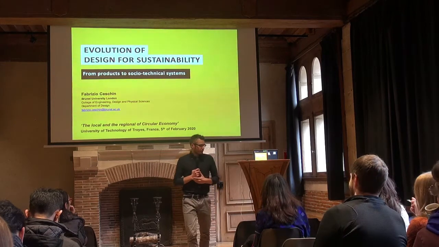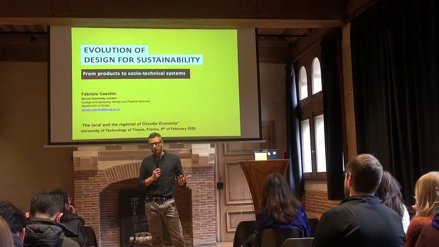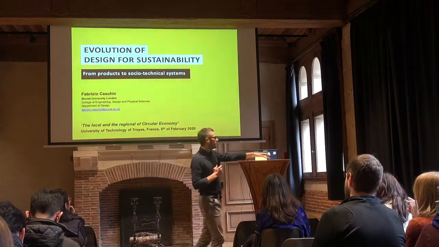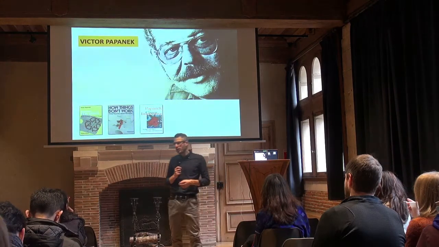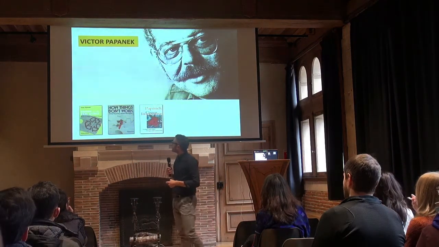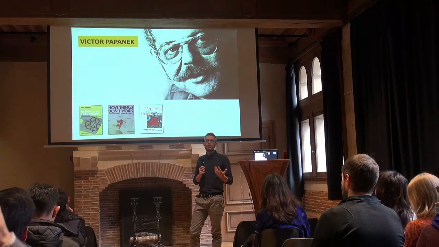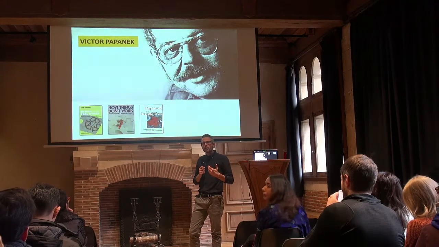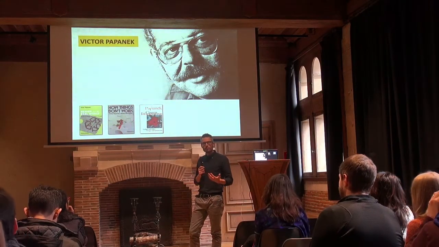So let's start. When talking about the history of design for sustainability, I think we must start from Victor Papanek and his book, Design for the Real World, which can really be considered the seminal work in introducing environmental concerns into the design world.